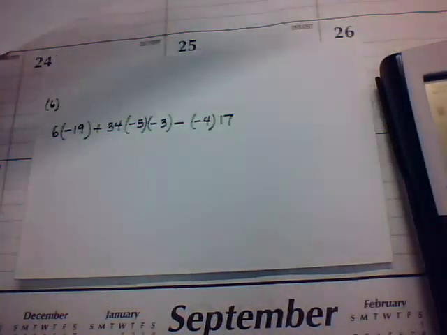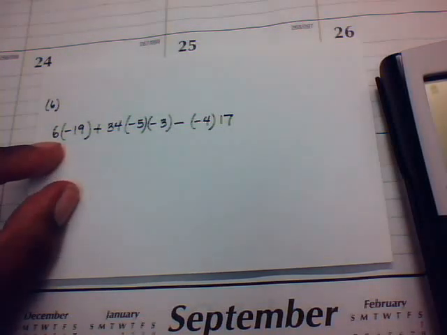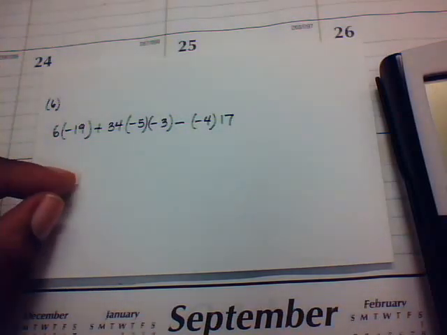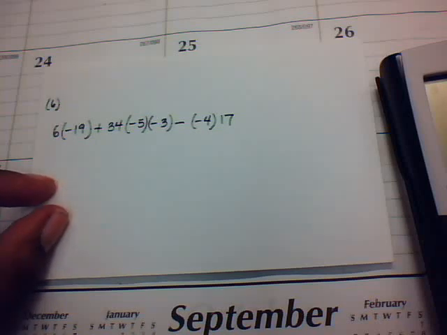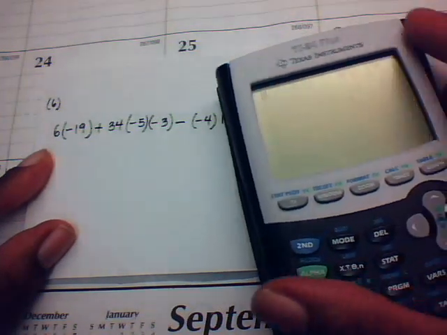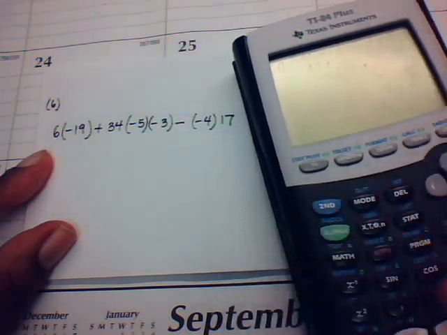Okay, now let's look at the next problem here. This one's got negative signs in it. So we got 6 times negative 19 plus 34 times negative 5 times negative 3 minus negative 4 times 17. Now, we can do this without those parentheses that you see here.